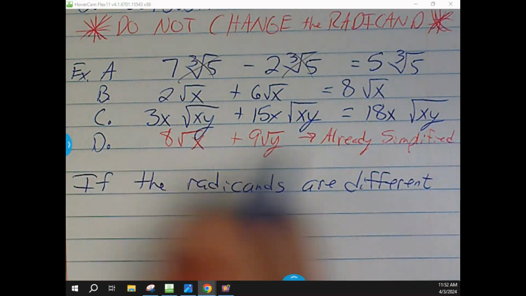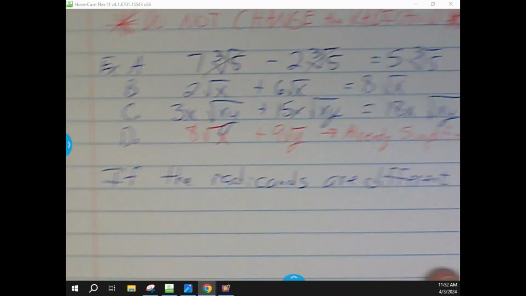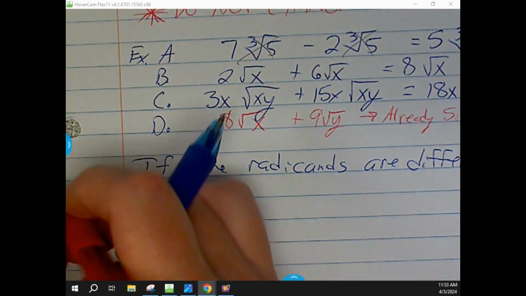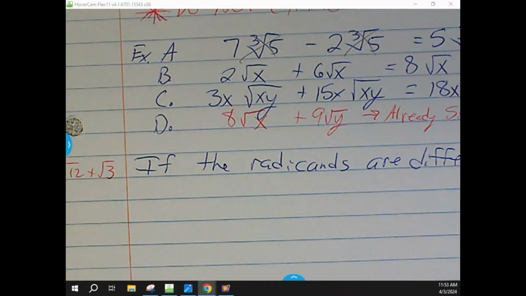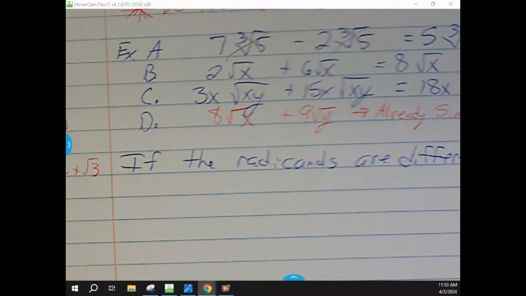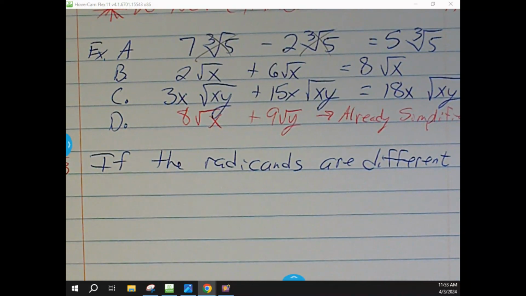So for this one, think square root of, I'll just put the side over here. If the radicands are different, then this will actually be the problem we'll do. So if it was square root of 12 plus square root of 3, you've got different radicands. That would be one of those questions where you wouldn't just say, all right, that's all we can do.